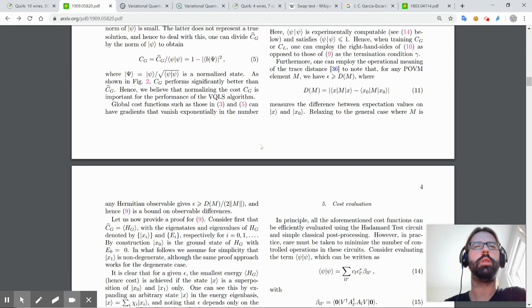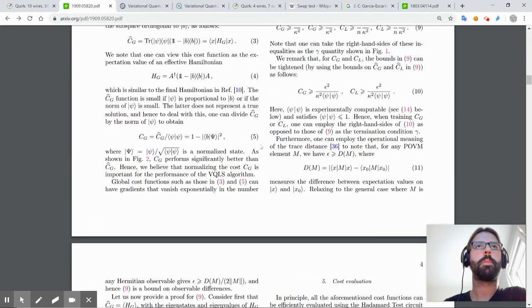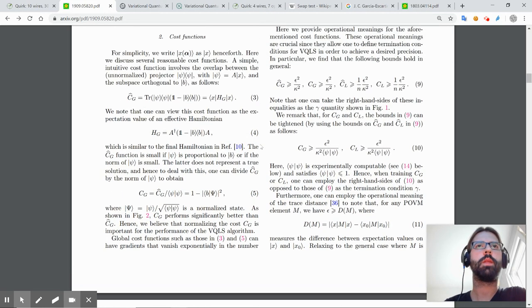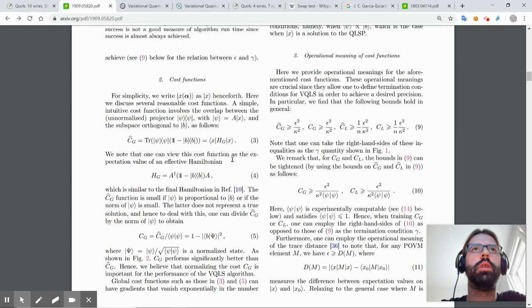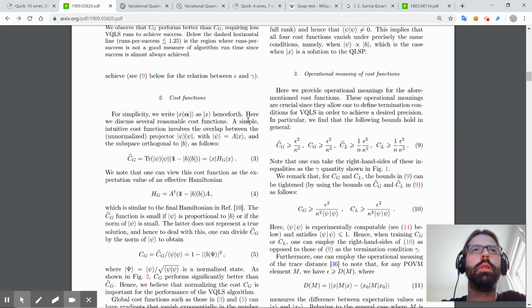Cost evaluation. Effective Hamiltonian. Zero, right?